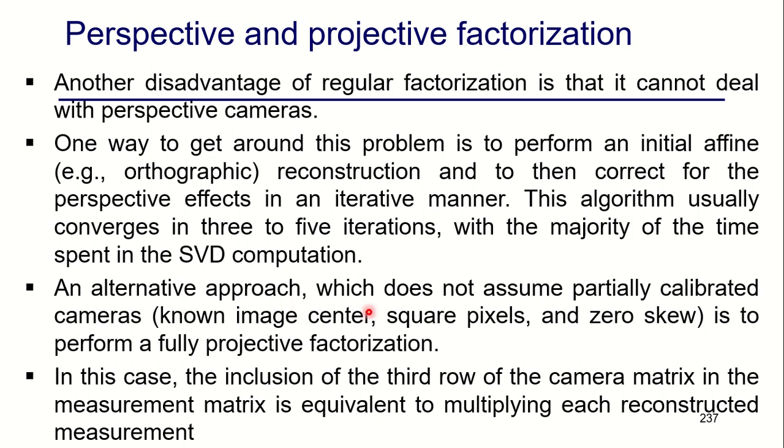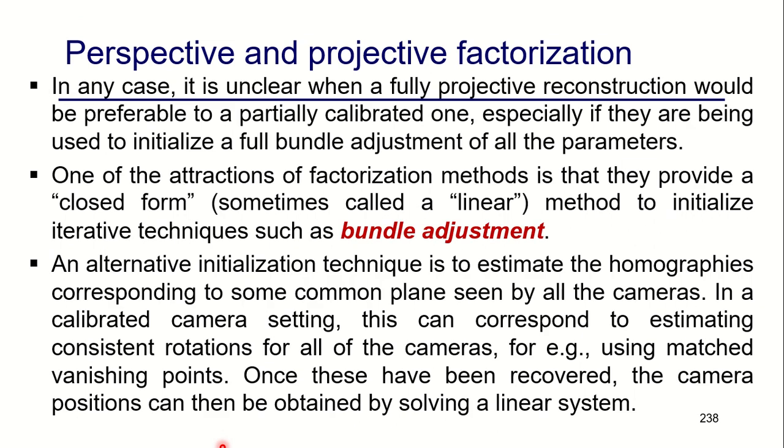An alternative approach, which does not assume partially calibrated cameras, known as image center, square pixels and zero skew, is to perform a fully projective factorization. In this case, the inclusion of the third row of the camera matrix in the measurement matrix is equivalent to multiplying each reconstructed measurement.